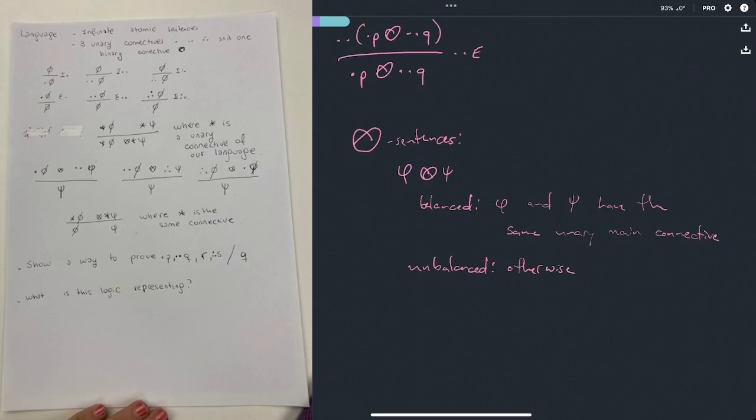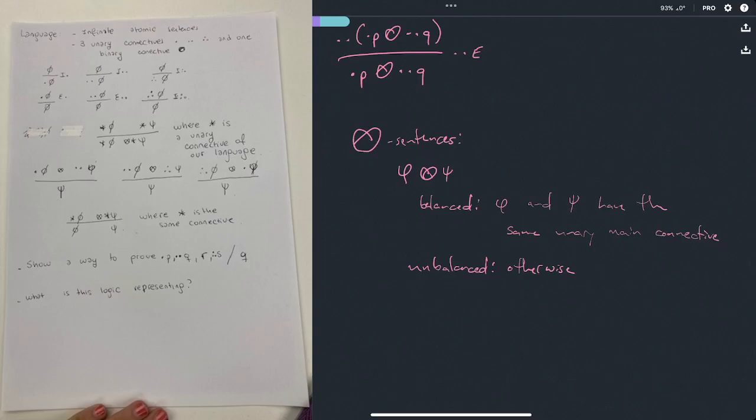To be balanced is that both components of the pretzel sentence have a unary main connective, and in fact they have the very same unary main connective. Now, looking at our rules, you can see that the pretzel intro rule will only ever allow us to prove balanced pretzel sentences.